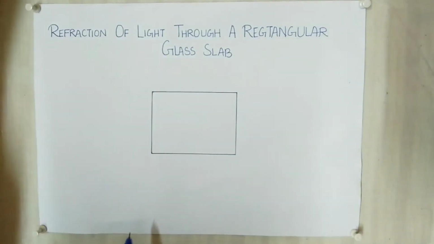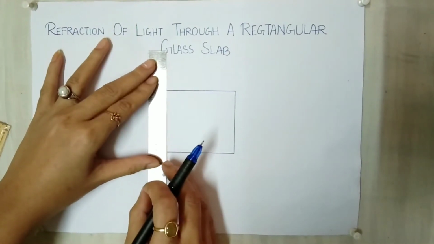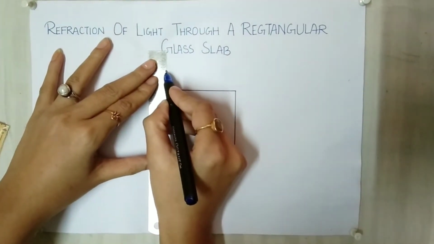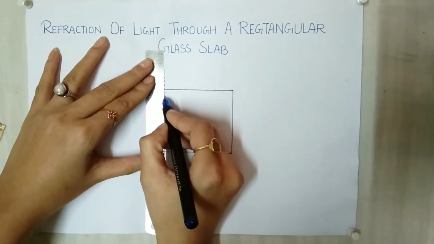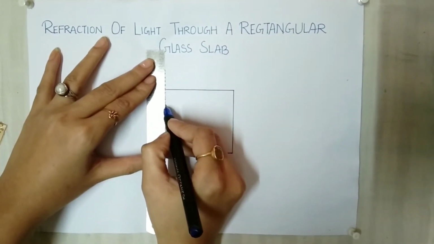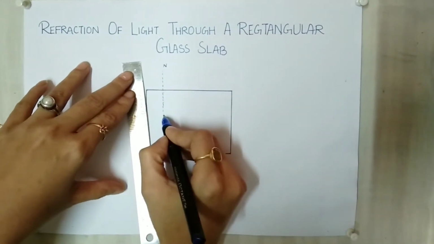After that, we have to draw a normal and give it the name N and N dash.